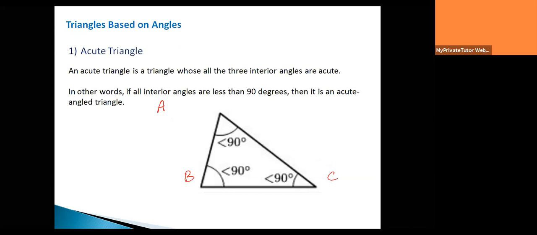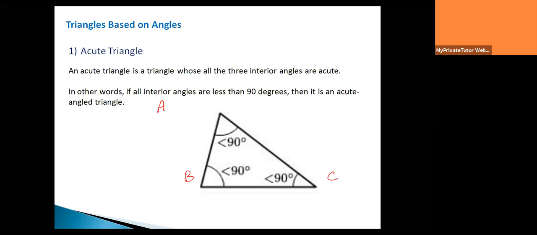How many quadrants we have, and what are the types of angles we have. We learned in the previous webinars, if you attended, the types of angles: acute, obtuse, right angle, reflex angle, full angle, straight angle, and all these things. So just have a look at the type of triangle. Acute triangle. What is an acute triangle?